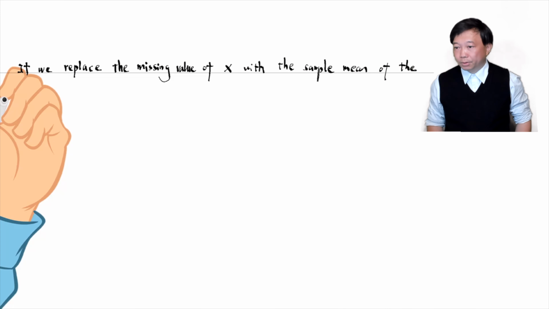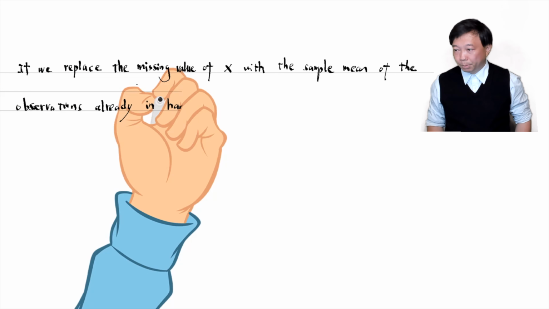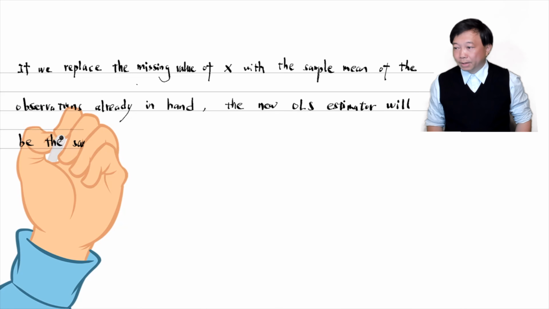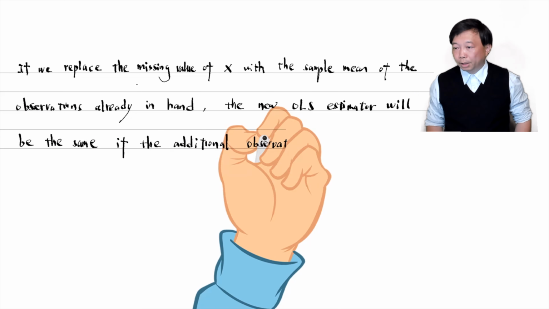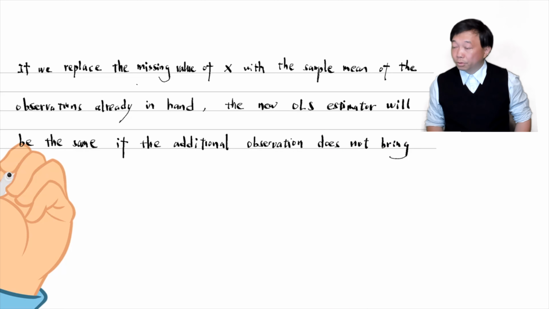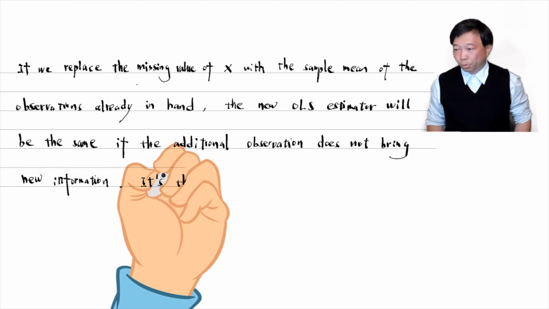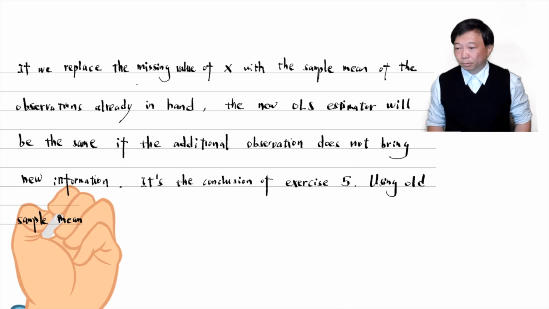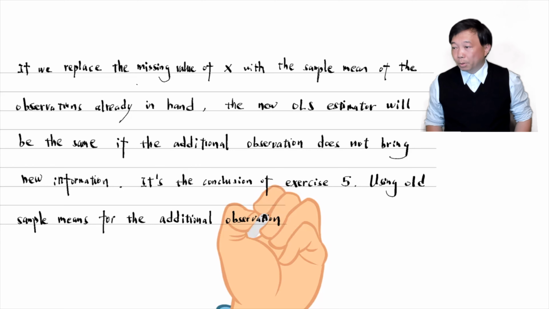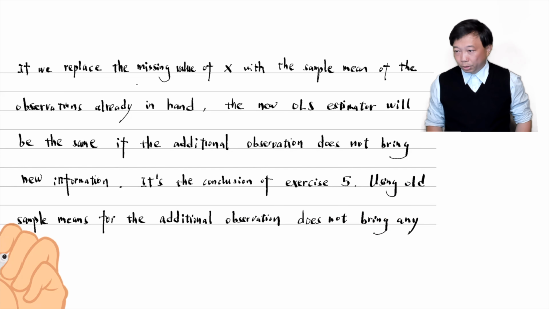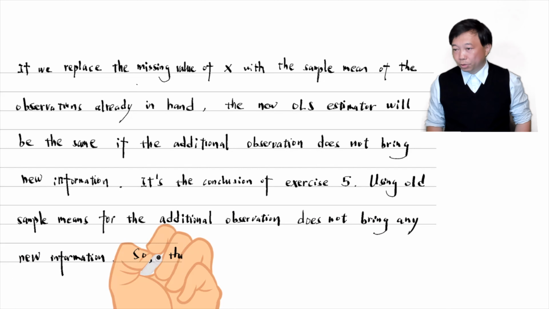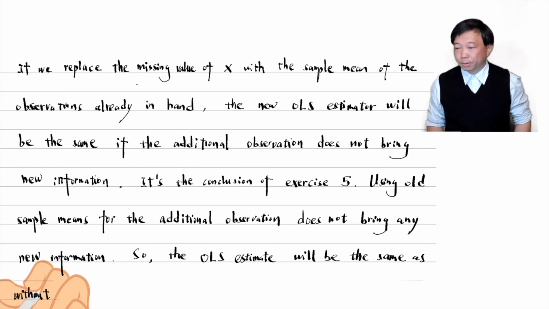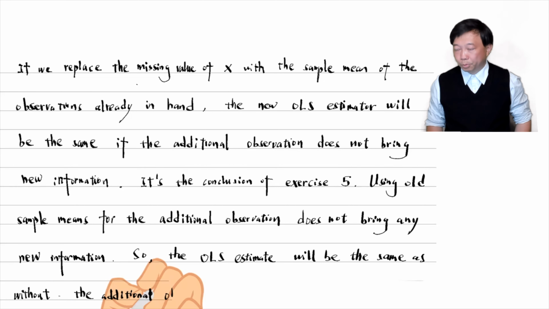If we replace the missing value of x with the sample mean of the observations already in hand, the new OLS estimator will be the same if the additional observation does not bring any new information to the regression. It is the conclusion of exercise 5. Using old sample means for the additional observation does not bring any new information. So the OLS estimate will be the same as without the additional observation.